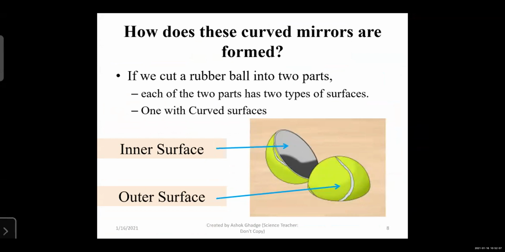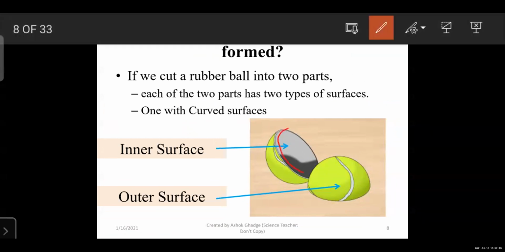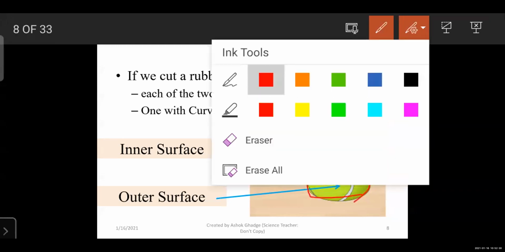Now, how are these curved mirrors formed? If we cut a rubber ball into two parts, each of the two parts has two types of surfaces. First is the inner surface, and another is the outer surface of that ball.